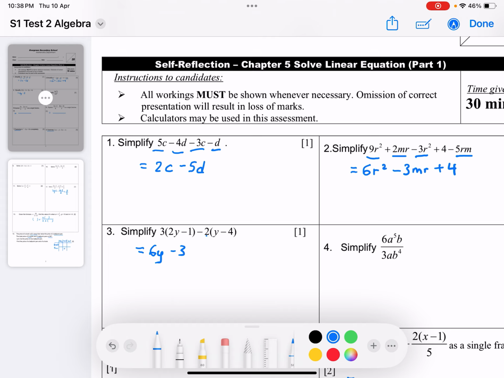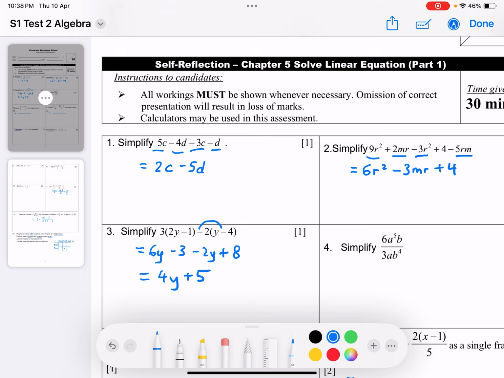Minus 2 times y is minus 2y, and minus times minus is plus. 2 times 4 is 8. Now here we have 6y minus 2y is 4y, and 8 minus 3 is 5. We can read it as 8 minus 3.